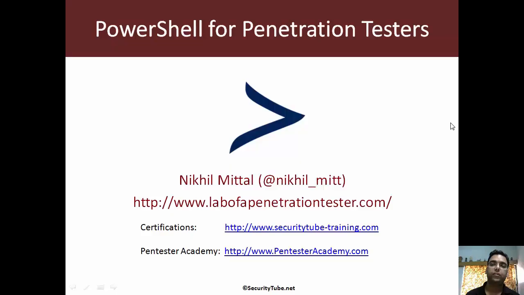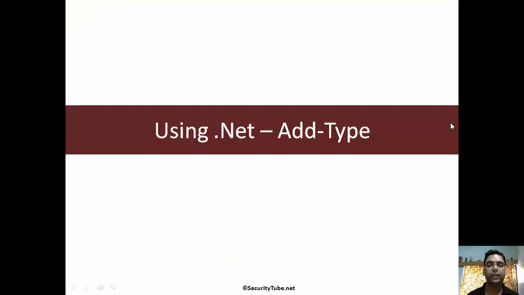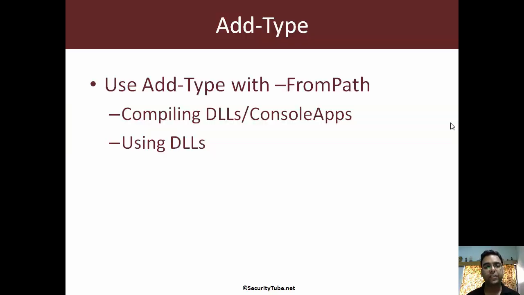In this video, we continue our discussion of using .NET types and classes in PowerShell using the Add-Type cmdlet. Recall that we have discussed a number of methods to use .NET types, and in this video let's see how to use precompiled libraries or DLLs of the .NET Framework in PowerShell.